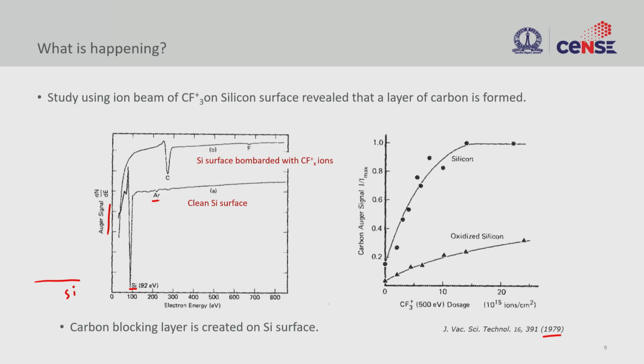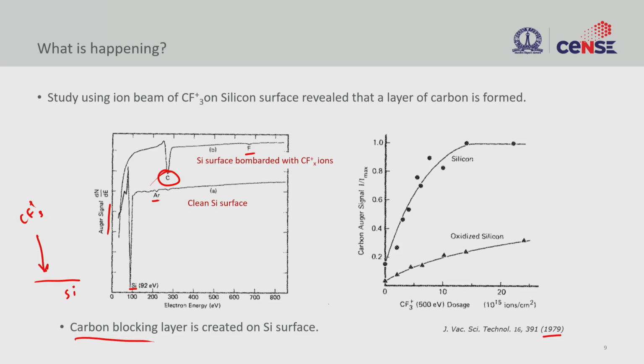But then when the surface is bombarded with CF3, then after exposing it for a while, when we observe the surface, it had a lot of carbon and a little bit of fluorine, understandably, because we had a lot of carbon deposits in there. So when you have carbon deposits, the reaction chemistry is preventing these radicals from reaching the silicon layer by protecting the layer using this carbon blocking layer, right.